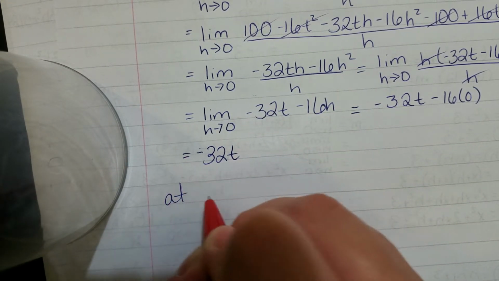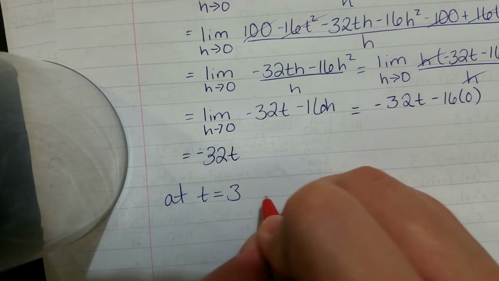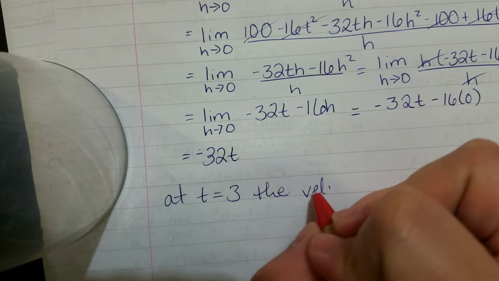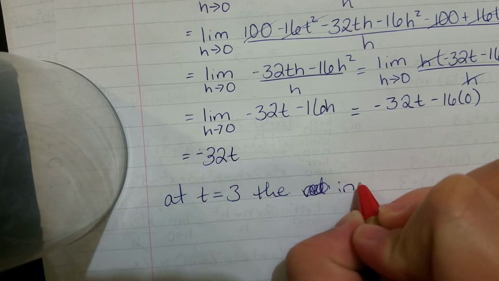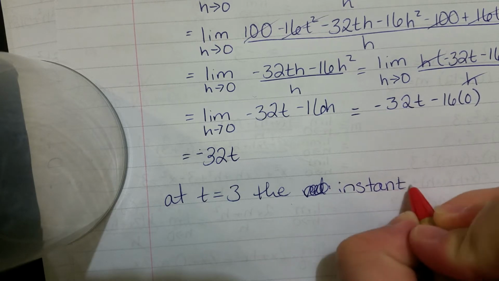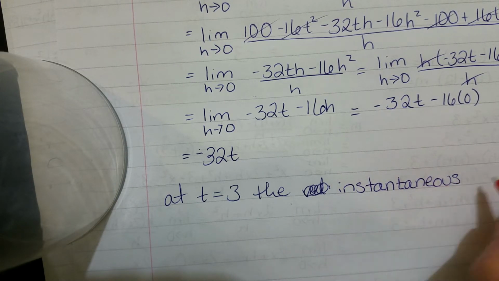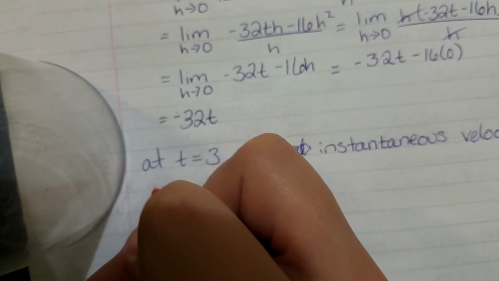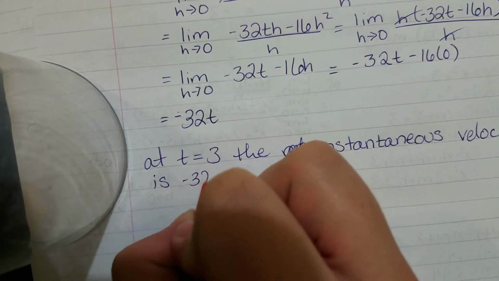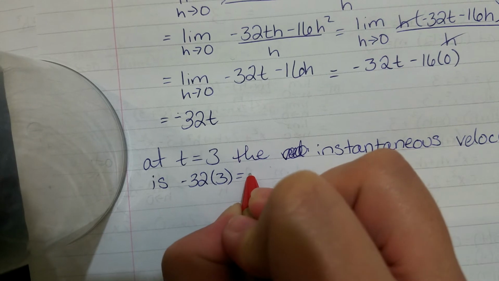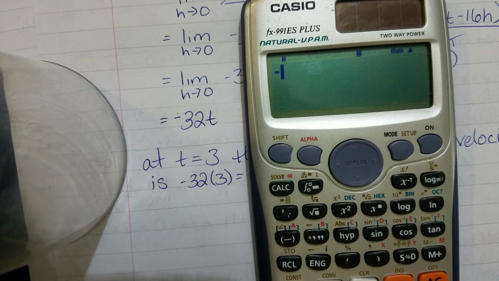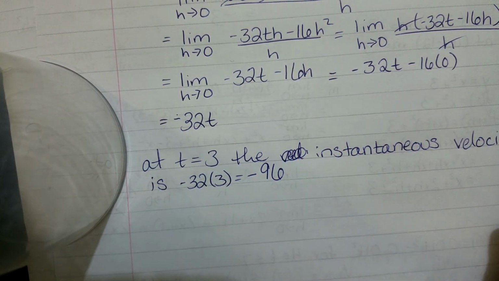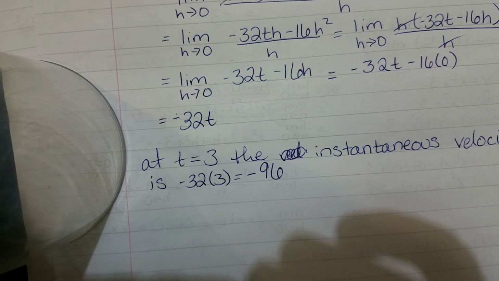So at t equals 3, the velocity, and really I should say instantaneous velocity, is negative 32 times 3, which equals negative 96. Okay.